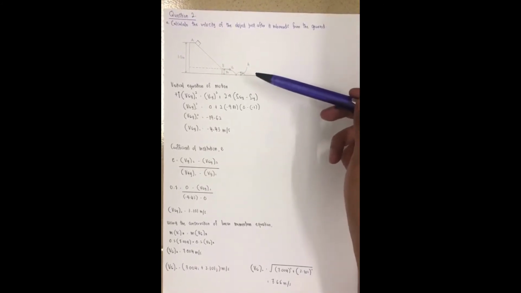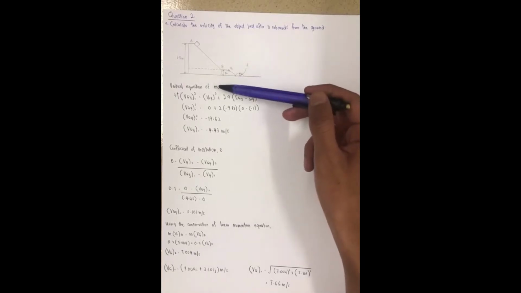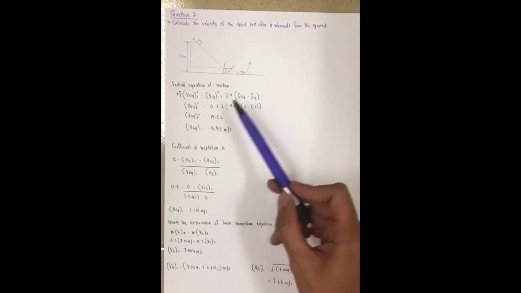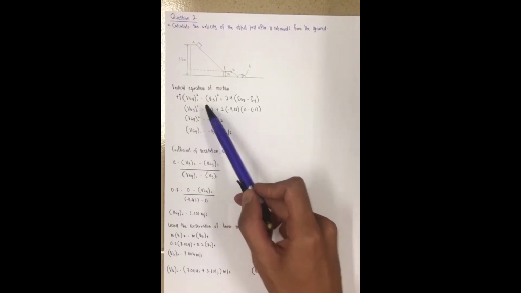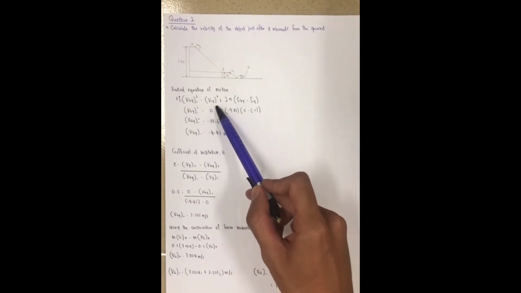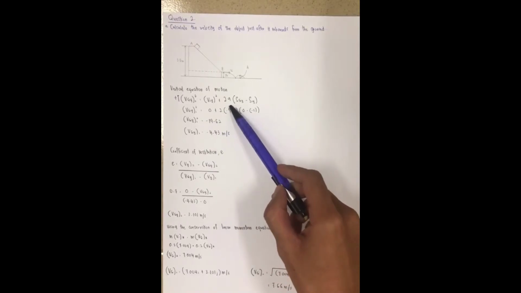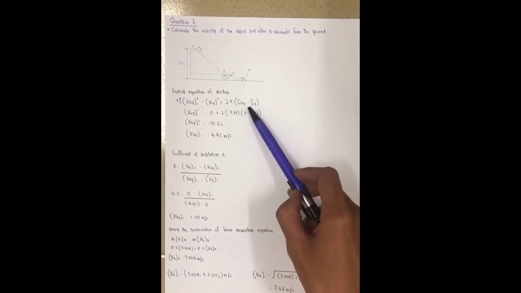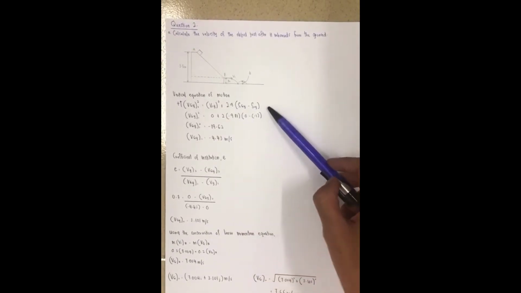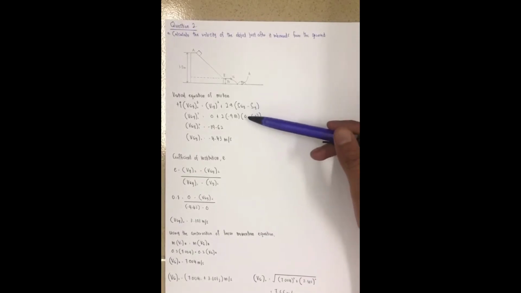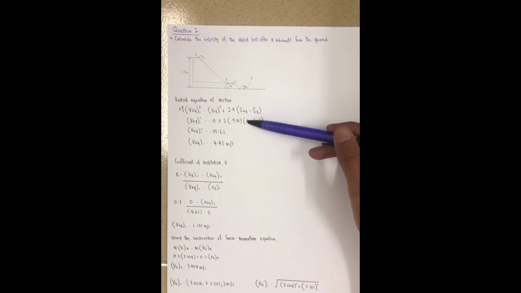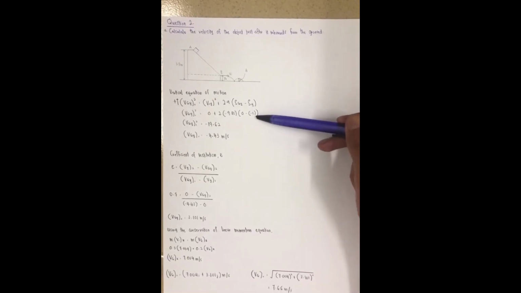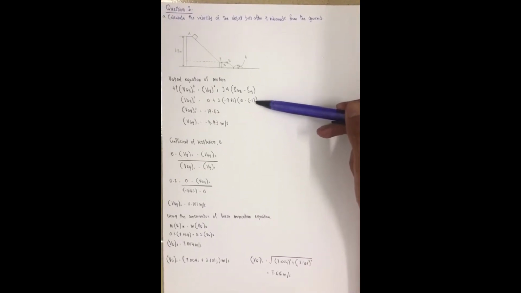So we use the vertical equation of motion for the y component, which is VGY1 squared equals V1y squared plus 2a times (SGY minus S1y). The SGY is the initial height and the S1y is the final height of the first bounce.